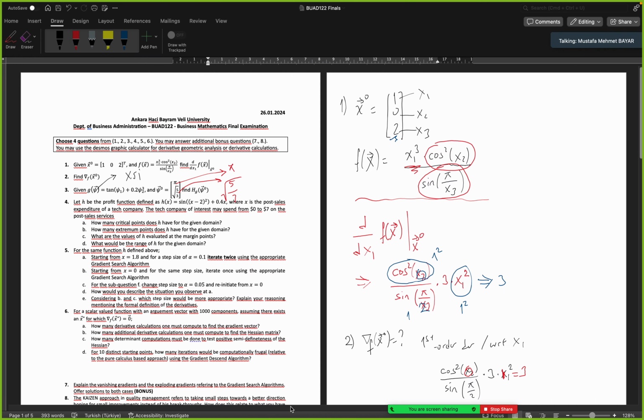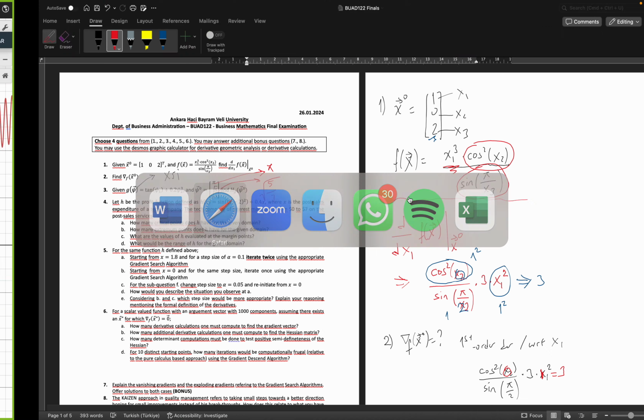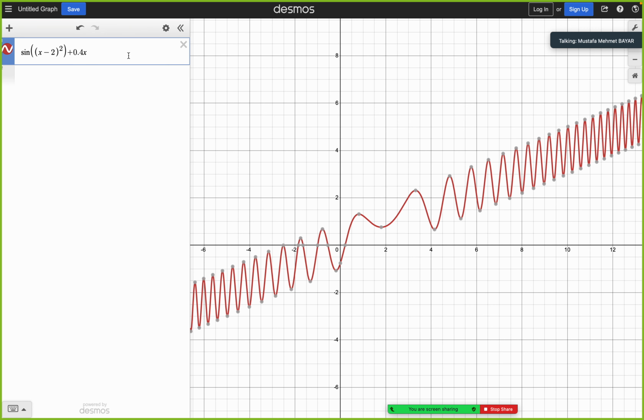So, yeah, that's it. So it tells me that I may spend from $0 to $7. So the domain is 0 to 7.